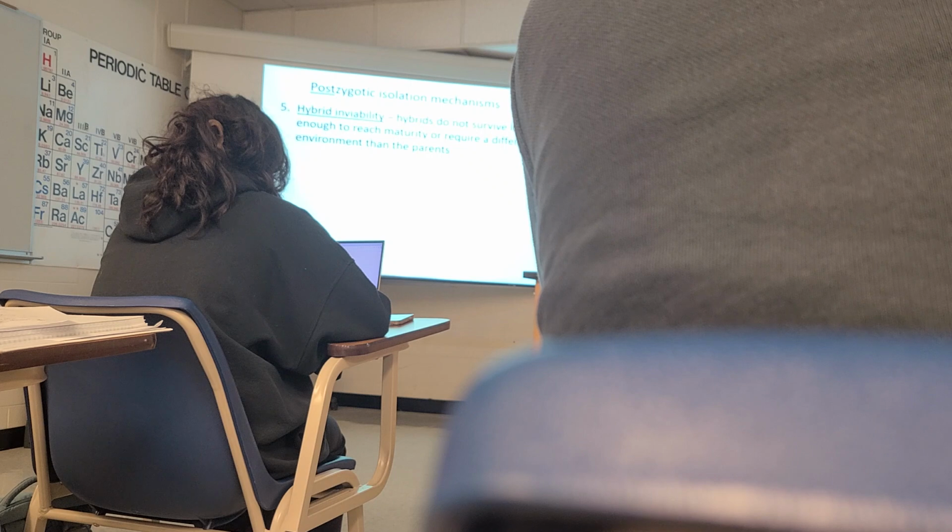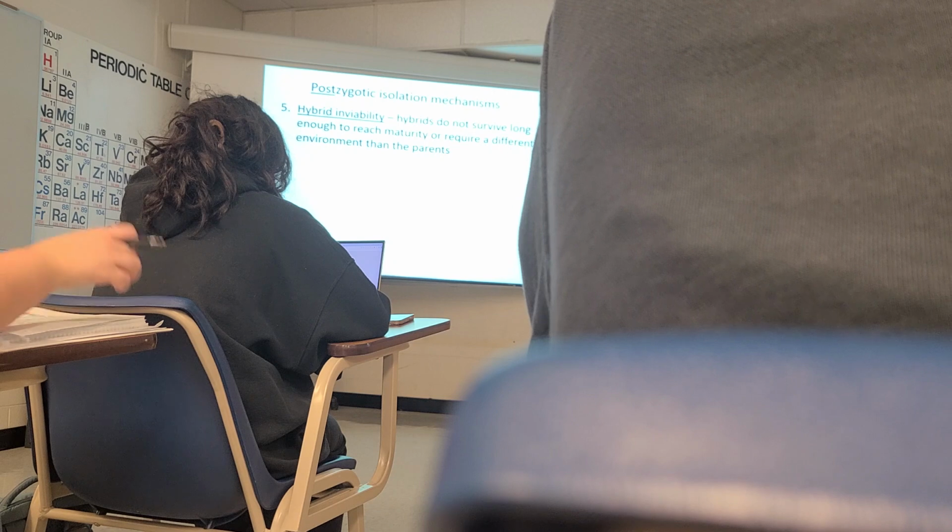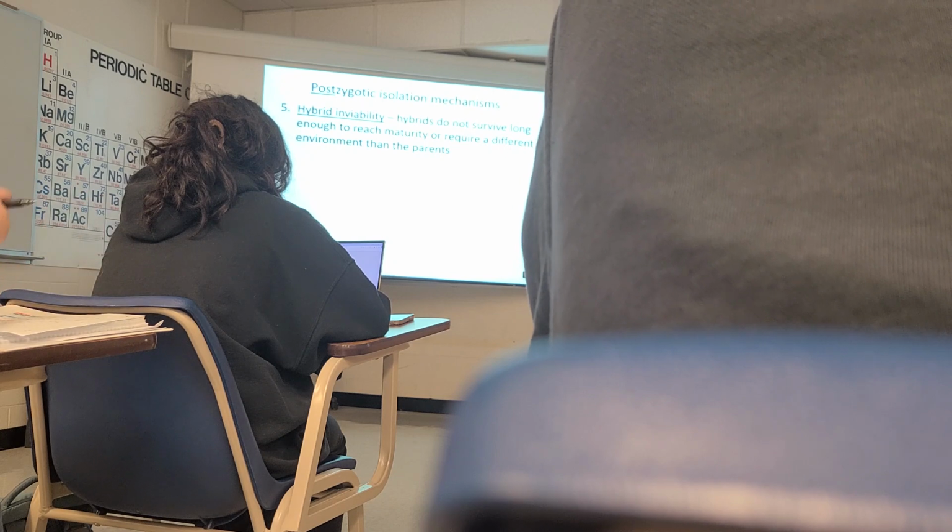Then we talked about hybrid inviability, which means that you get to the seed point. You may actually even get a seedling beyond this point, but it's not going to make it to adulthood because, again, in those cases, what's happening here is you've got parents that are in different required habitats or different types of environments they're adapted for. Their offspring is some hybrid thereof, okay, so some combination thereof, and that habitat doesn't exist.